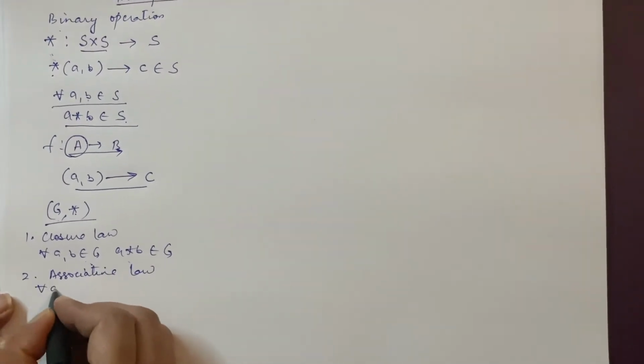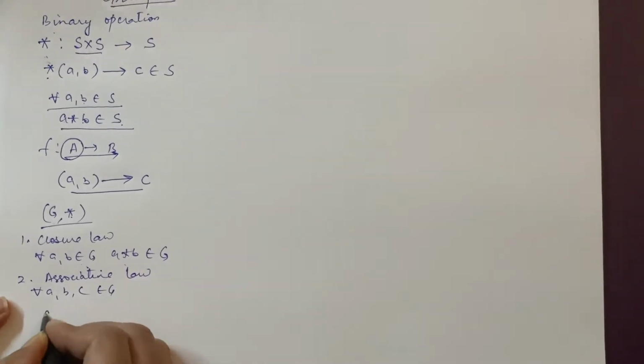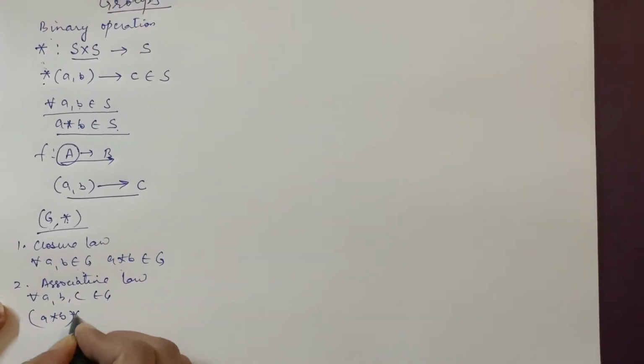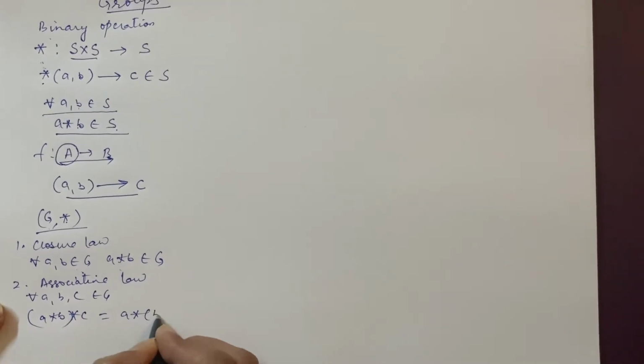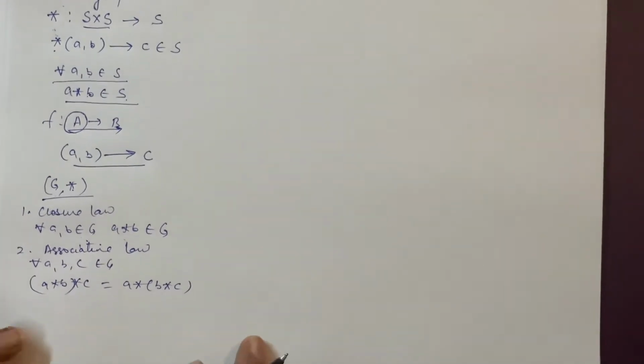Second is the associative law. For all a, b, c belonging to G, (a star b) star c is equal to a star (b star c). What does that mean?